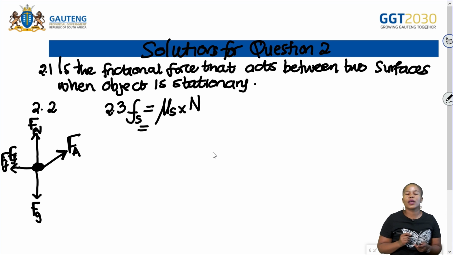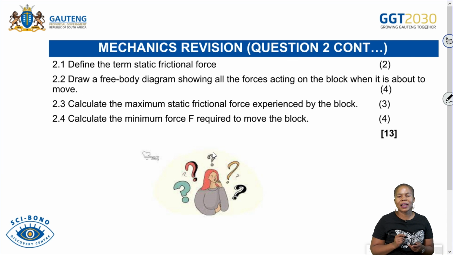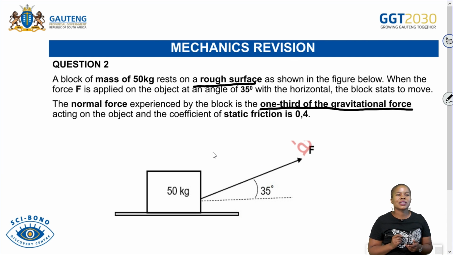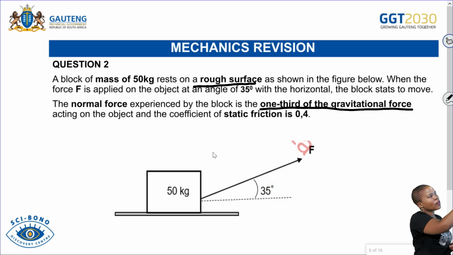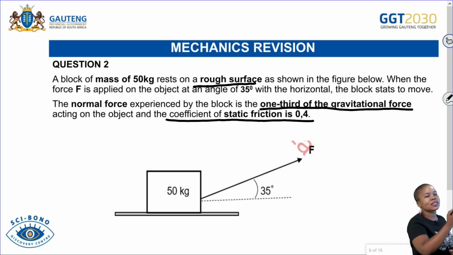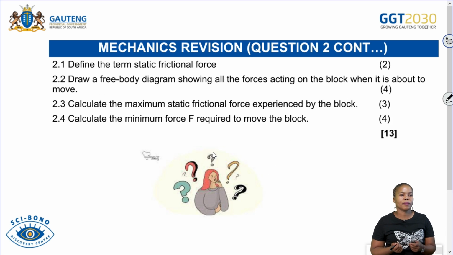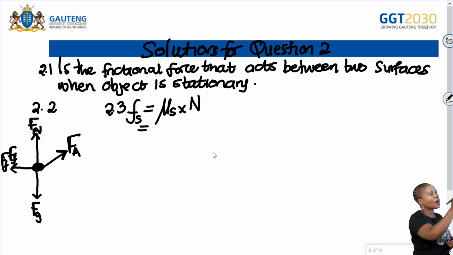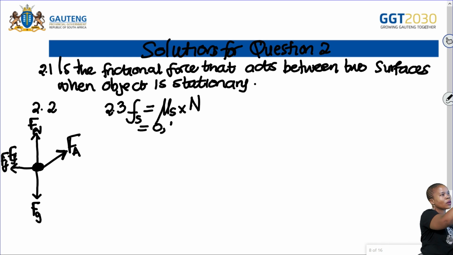What is your mu s? Let me just go back a little bit. You've got your coefficient of static friction being given to you as what? As 0.4. Therefore over here you've got your 0.4, multiplied by 1/3. Why am I saying 1/3?